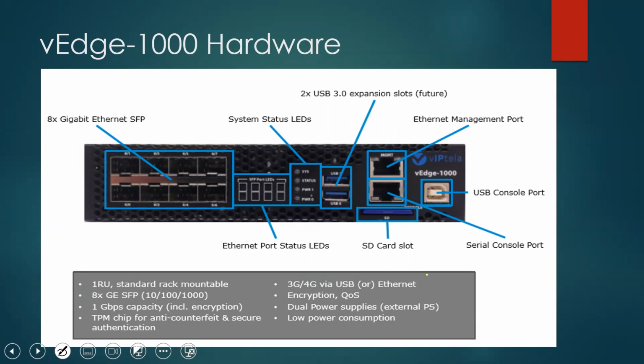HP has some different, Dell has some different, even Juniper has some different CLI style, but vEdge is very much like you can go to conf t and do the configuration, we'll see that. Behind the scenes, you can see the interfaces, management interface and console port and USB ports and LED status, and then you have an 8-port Ethernet module inside this vEdge 1000, etc. Everything is very much Cisco style.